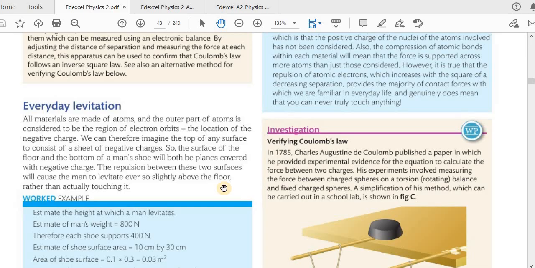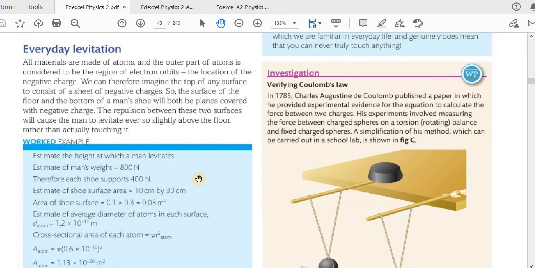Same thing with the bottom of your shoe, there are electrons, so the negative and negative repel. So always the man will be a very small distance above the floor, or we can say he's levitating ever so slightly above the floor rather than actually touching it.